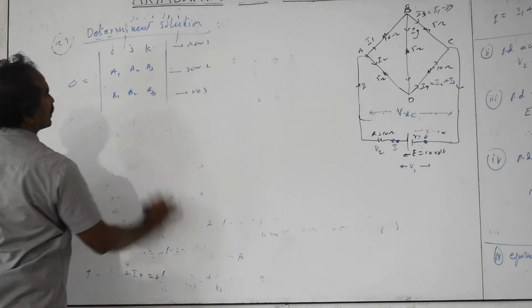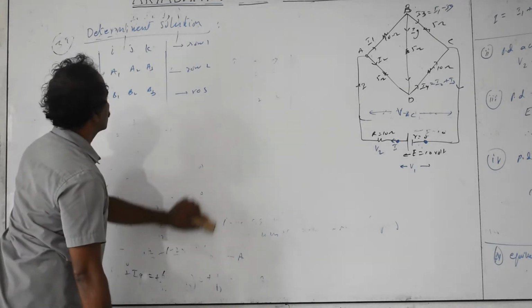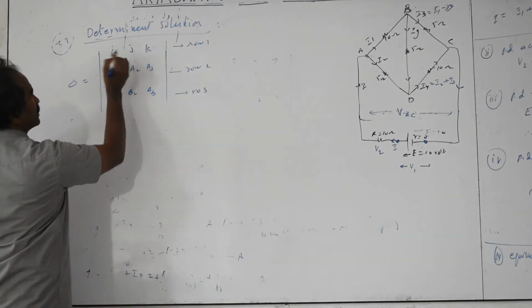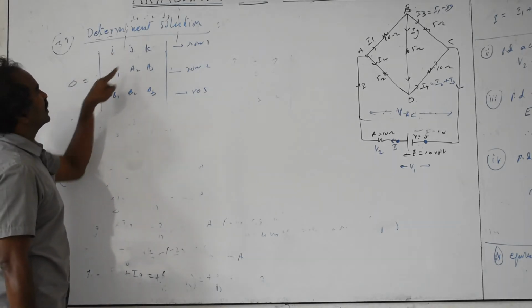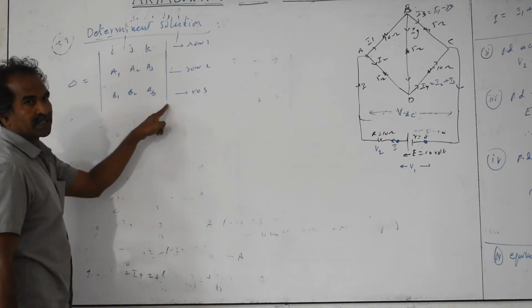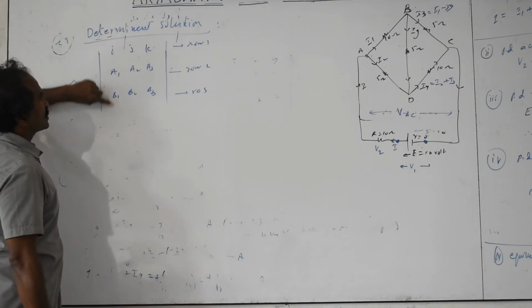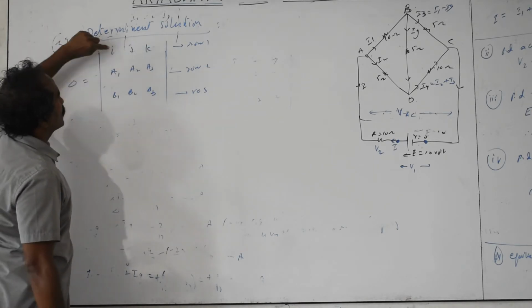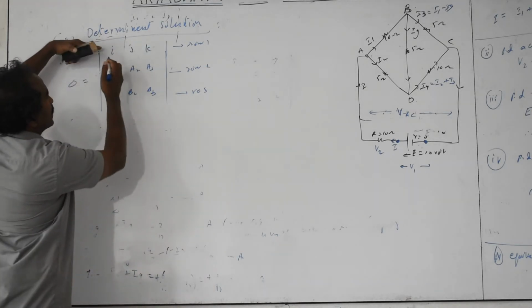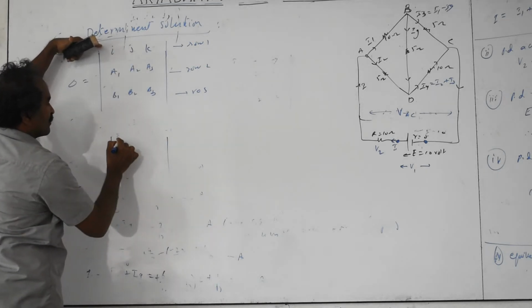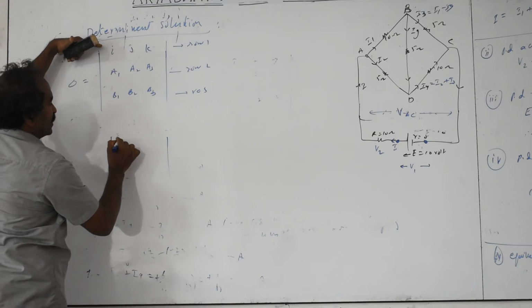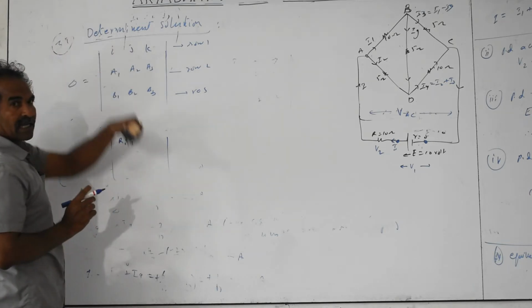For example, we are given a determinant. You can take it as A1, A2, A3, B1, B2, B3, C1, C2, C3. This is the first column and first row, and these are called the elements. This is also mentioned as first row, first column, so row 1, column 1.